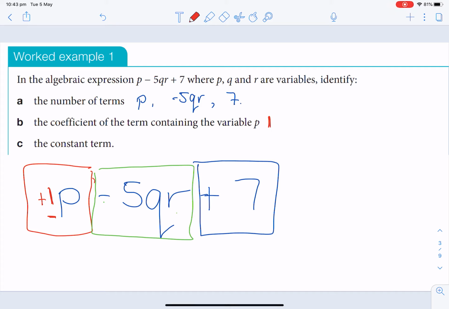You don't have to write the number 1, we just assume that there's a number 1 there. And then our last one, the constant term. The constant term is the one without any letters attached to it, and that's the number 7. So A, the number of terms, is 3. B, the coefficient of the term containing the variable p is 1, and the constant term is 7.